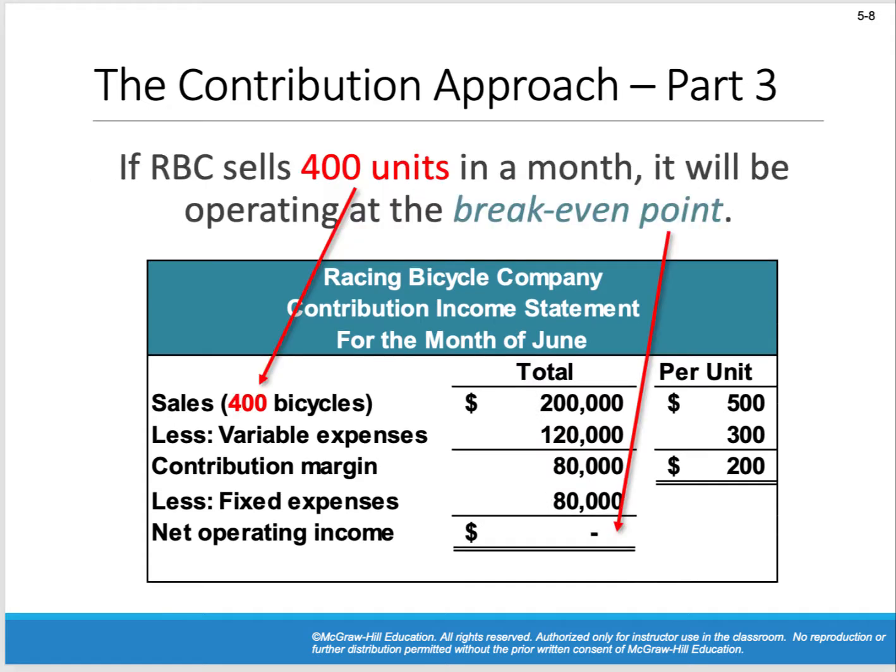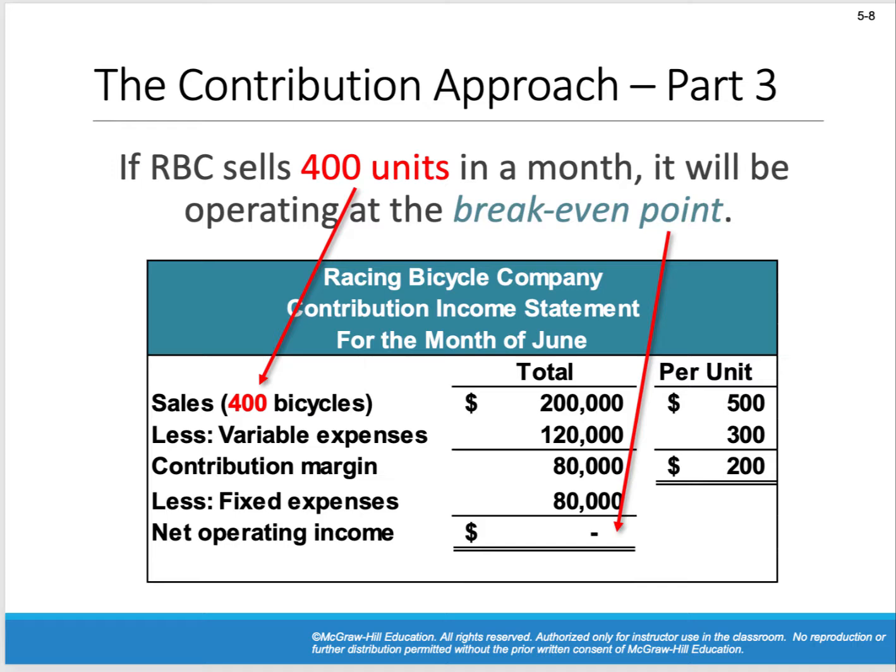Okay, so if RBC sells 400 units a month, it will be operating at the break-even point, right? How did we figure that out? Well, very simple. Okay, we see ourselves at 400 bicycles. 400 bikes times the selling price per unit of $500 gives us $200,000 in sales revenue.